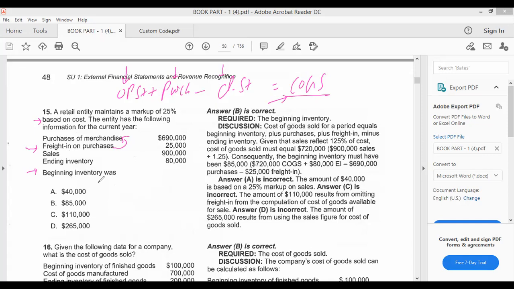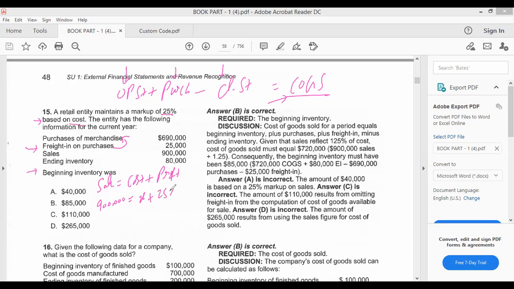Students, in order to calculate the cost of sales, you can use this equation: sale equals cost plus profit. Here the sales value we already have is 900,000, and the cost you have to calculate, so assume the value of cost is X, and profit is 25% of cost.